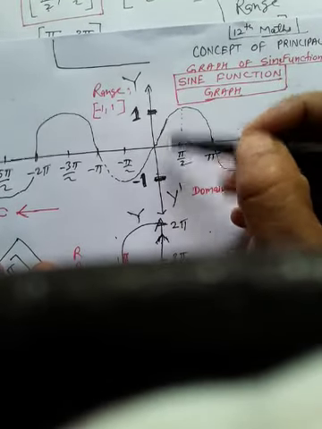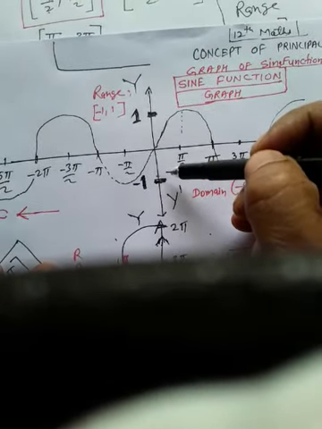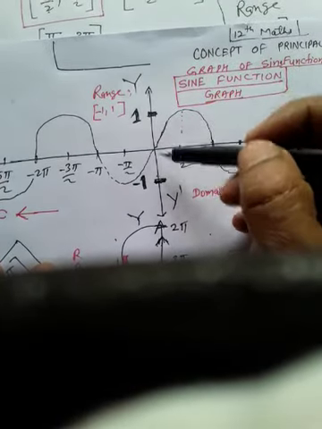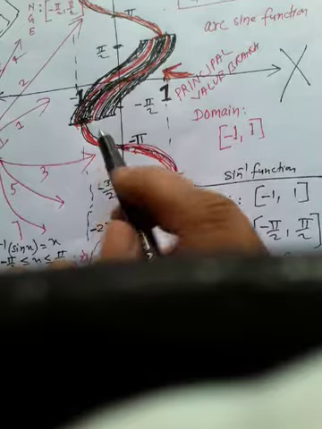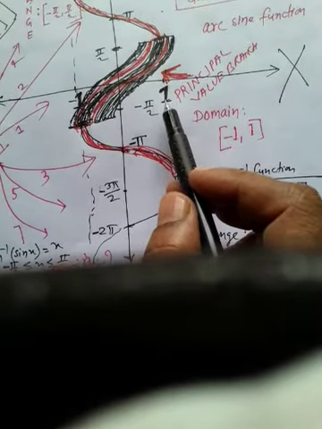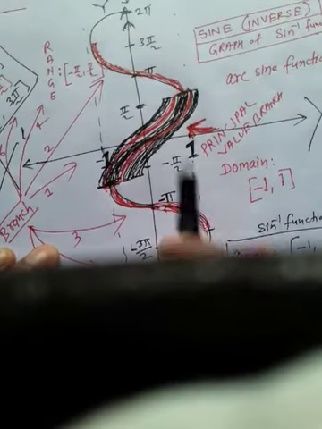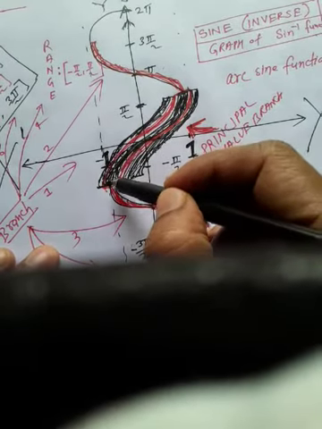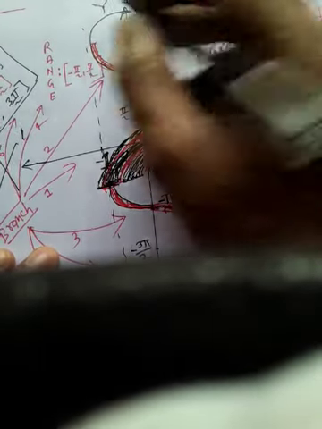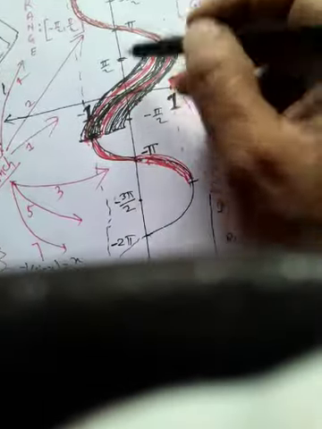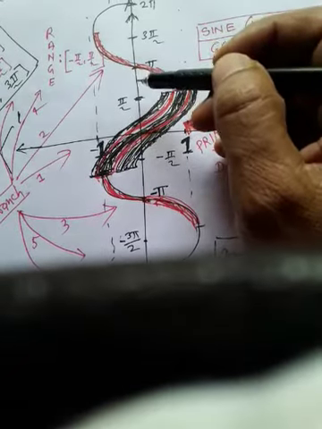So for sine inverse, it will become not the range, but the domain. See this, I made it the domain. Domain on the x-axis and range on the y-axis. Here now we will have the pieces of domain in sin x, and here we will have the pieces of range.